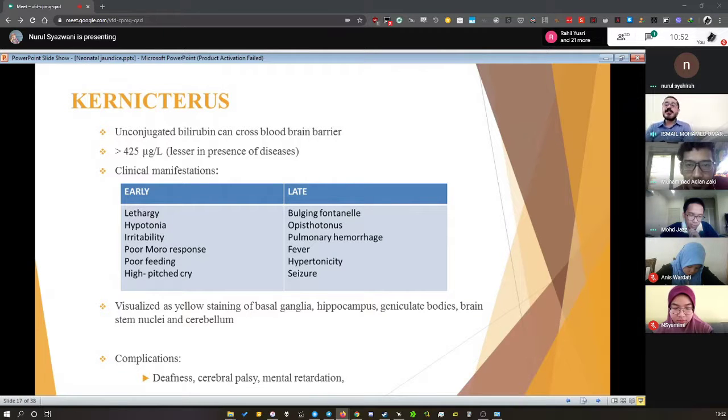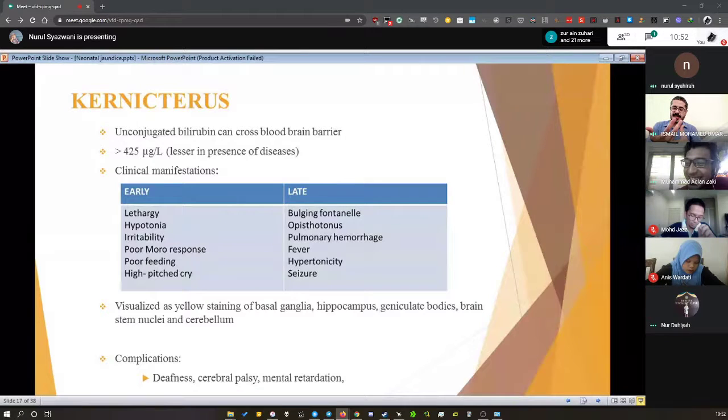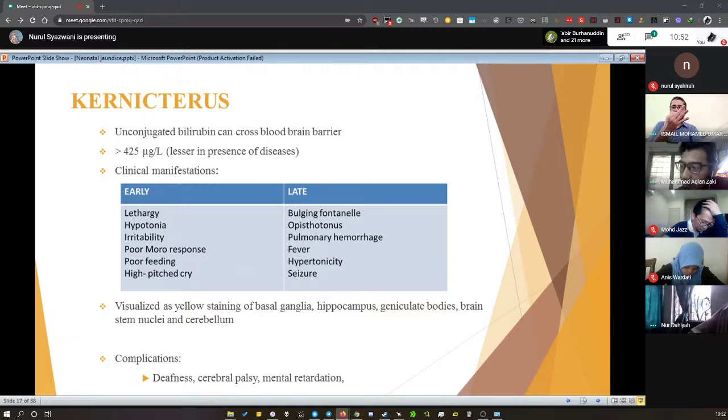Dystonia. So tell me what the definition of dystonia? Dystonia is involuntary, purposeless, slow, sustained, twisting. This is dystonia.